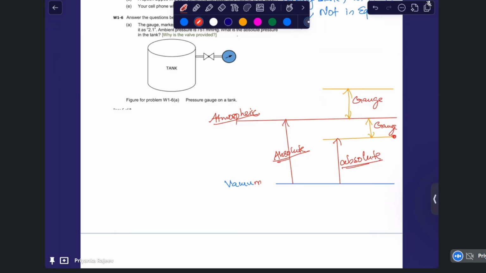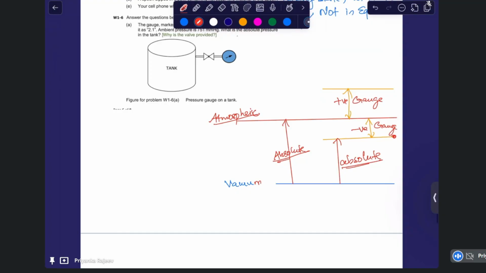And if you are measuring with respect to atmospheric pressure, that is called gauge pressure. Here the gauge pressure will be negative, here the gauge pressure will be positive because it is above atmospheric pressure, or more than atmospheric pressure, that will be positive gauge pressure. Whatever is lesser than atmospheric pressure will be negative gauge pressure.